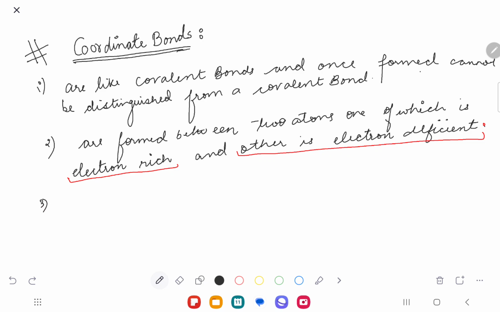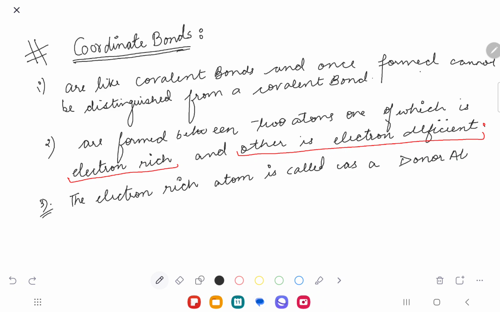Third, the electron rich element or electron rich atom is called a donor atom and acquires positive charge.